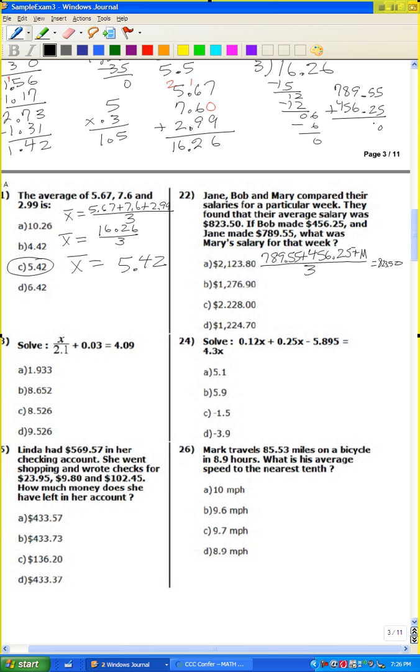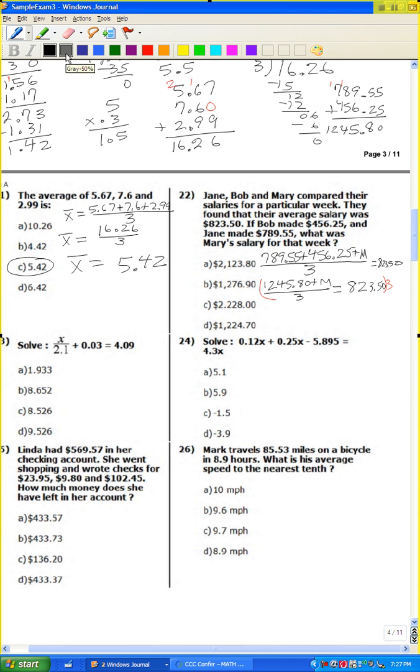So you get a 0, 8, 15, carry the 1, 14, carry the 1, 12, and so you get 12,45,80 plus your M over 3 is $823.50.